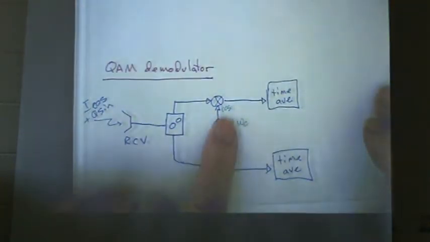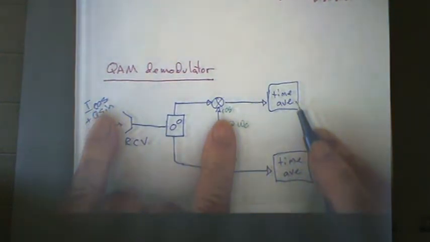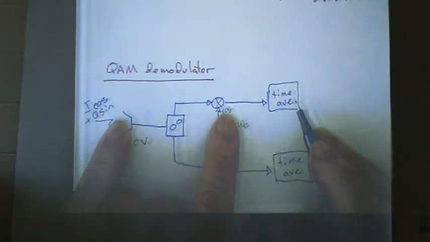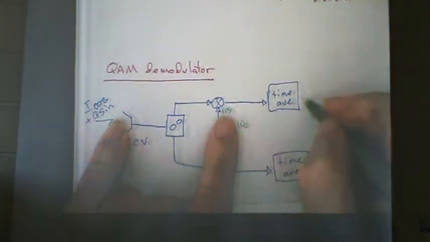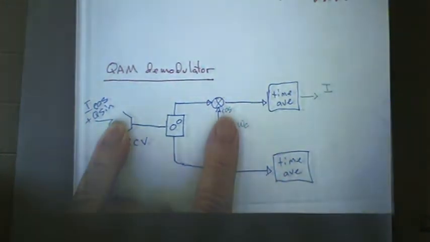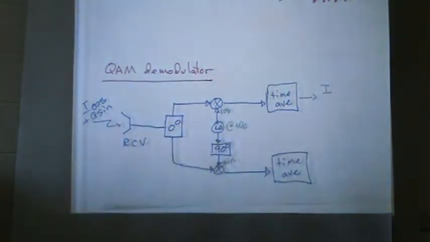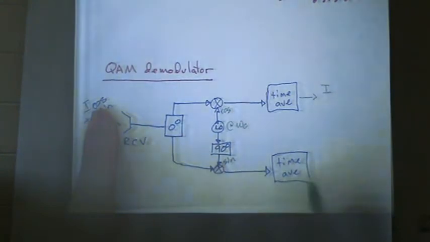Cosine times cosine, take the average of that, that doesn't go away. Cosine times sine, it does go away. So out here would come just I. And likewise, sine times sine gives me something, but sine times cosine, the average of that gives me 0.